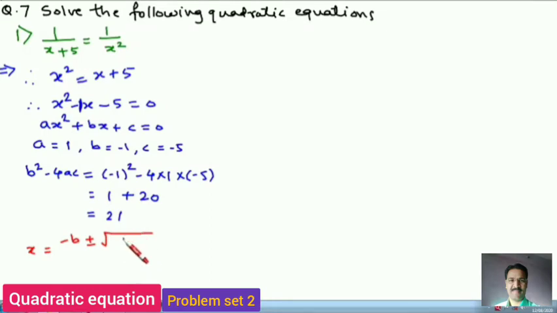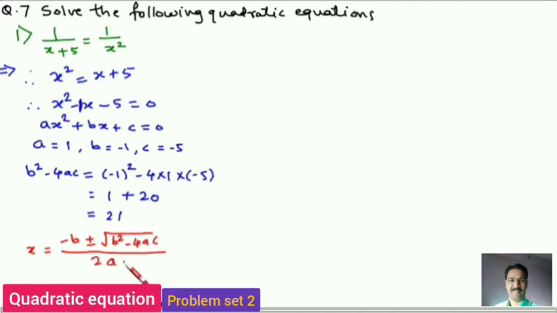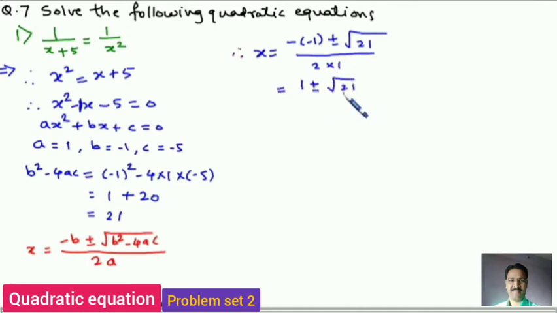In this we'll put the values. x is equal to minus b, for minus 1, plus or minus b square minus 4ac, which is 21, upon 2a, a for again 1. Here it is 1 plus or minus root 21 upon 2.